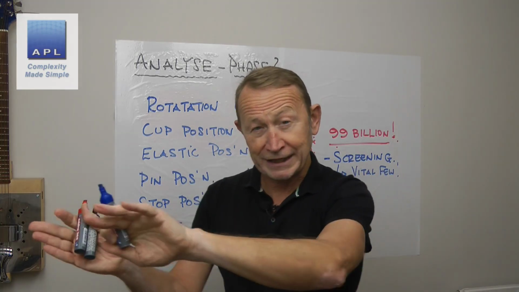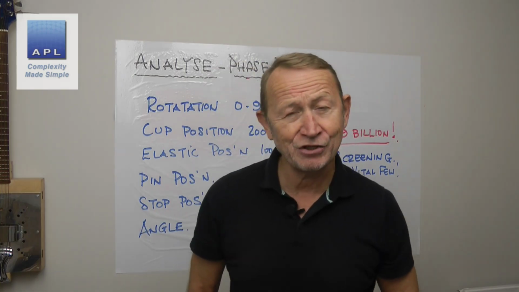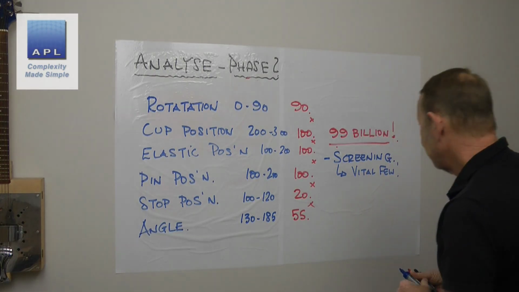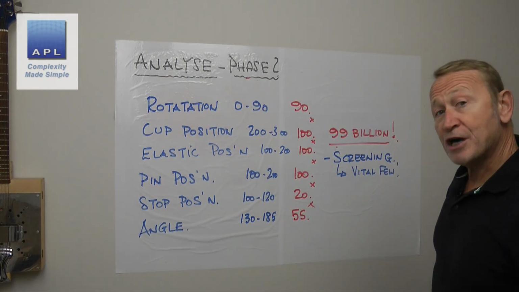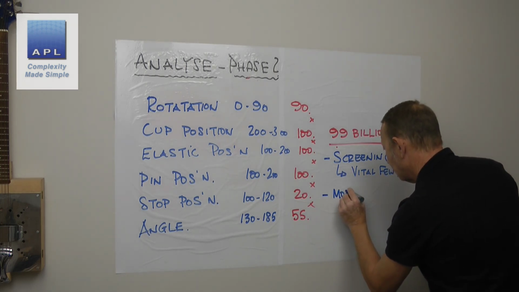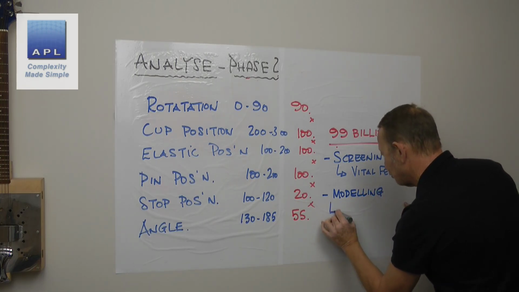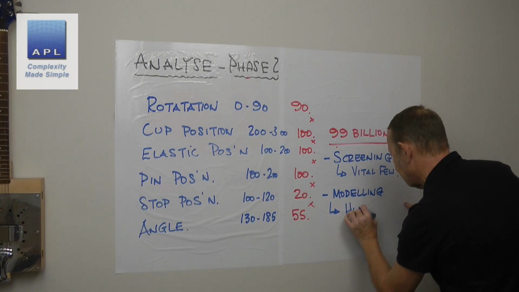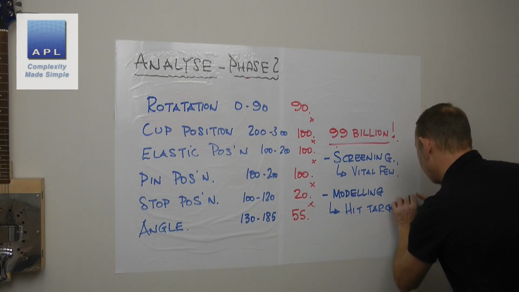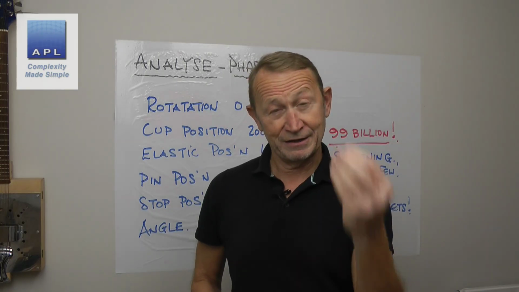Which one can we really use to bully the process and make it land on any target that we ask? Screening is going to reduce those 6 variables down so that we can then go modeling. And modeling allows you to create a maths model to hit targets. And that's what we're going to do.